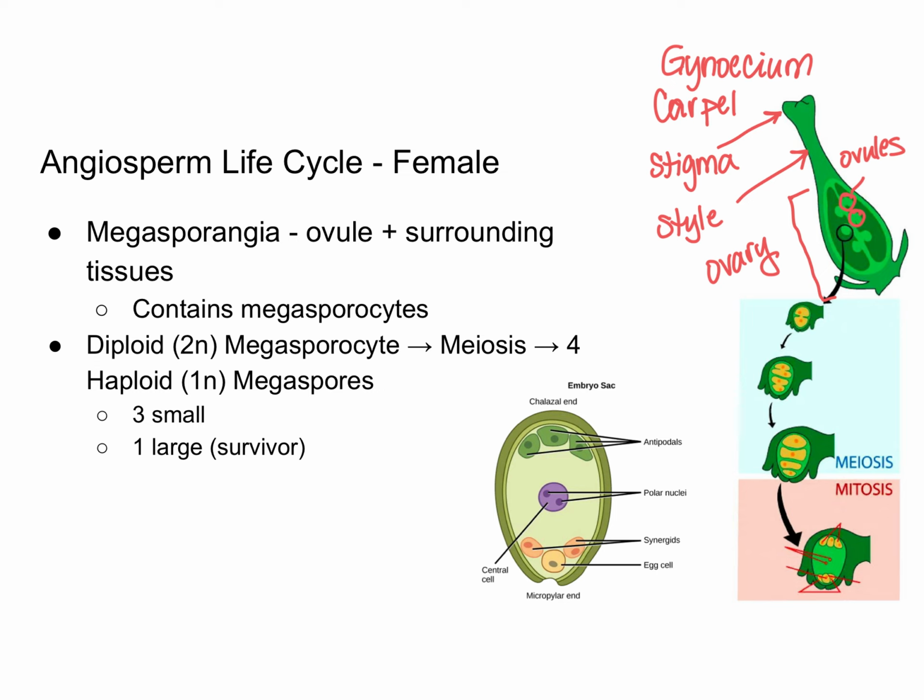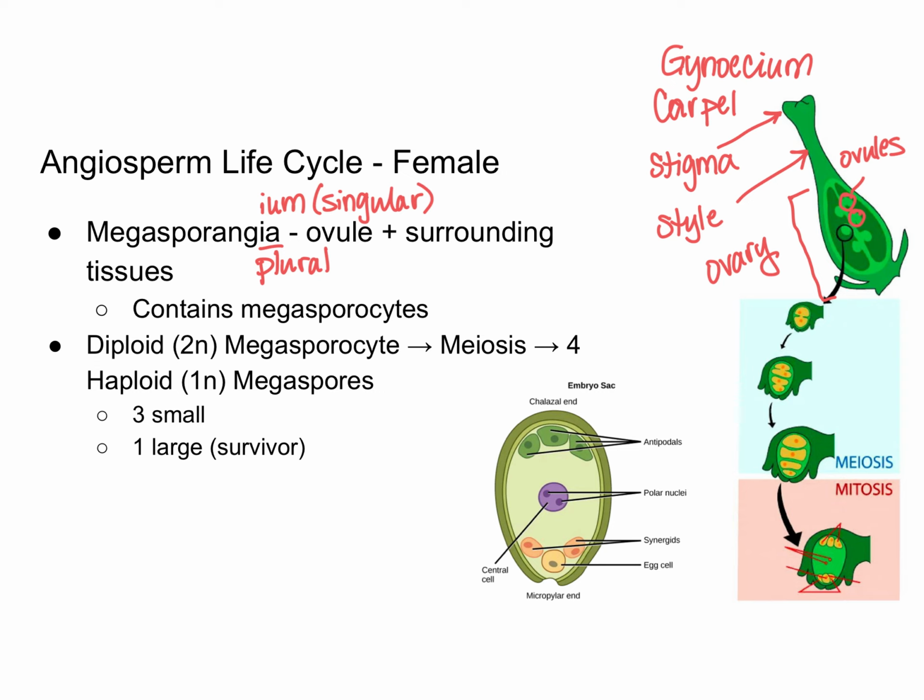An ovule in the surrounding tissues is known as a megasporangium. So megasporangia is plural. Megasporangium would be singular. So the ovule and some surrounding tissues make up the megasporangia.